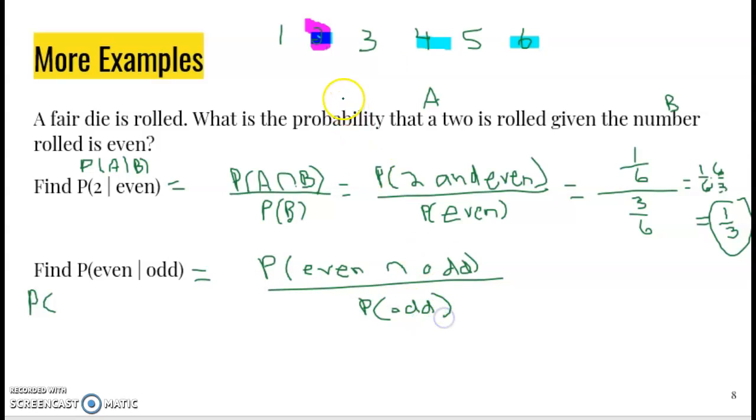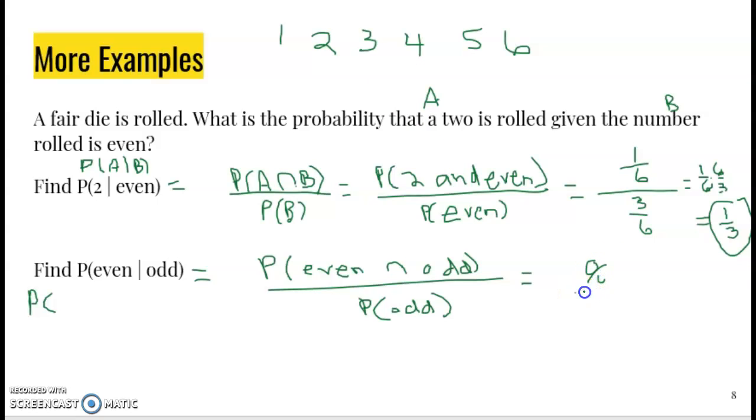Again, looking at our sample space up here, we still have our sample space. And we can see that the probability of it being even and odd can't happen. We can't have an even and an odd number at the same time. So in this case, the top is going to be 0 out of 6.